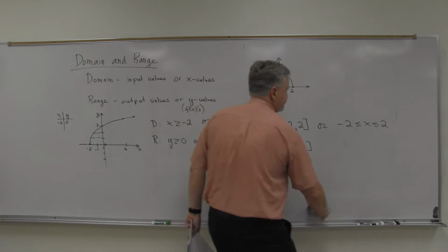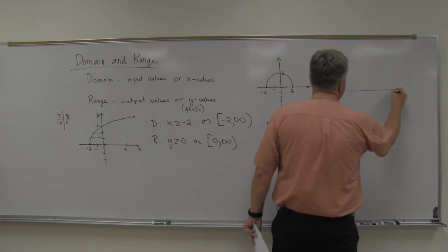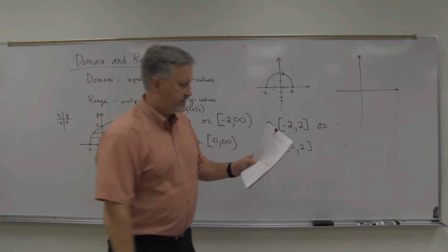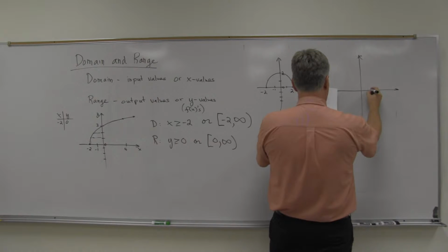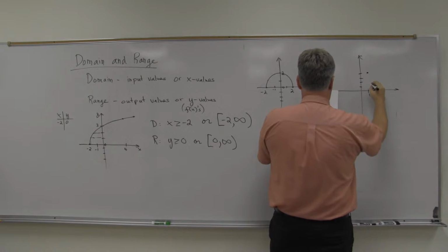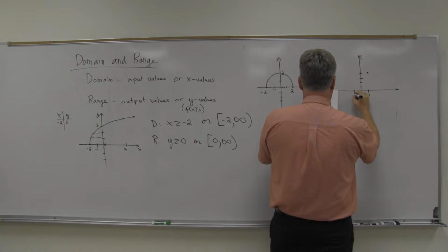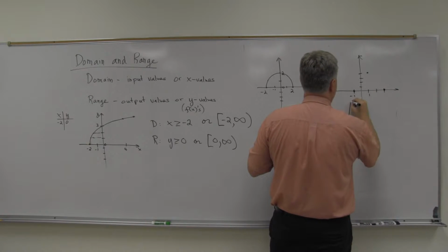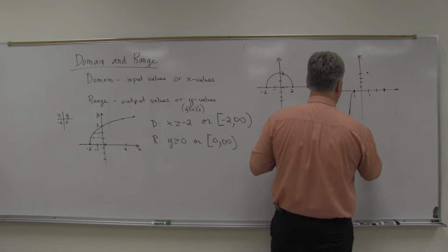One more. All right, so this one, we've got a high point here, is that 1, 4. Crosses the y-axis at -1, positive.